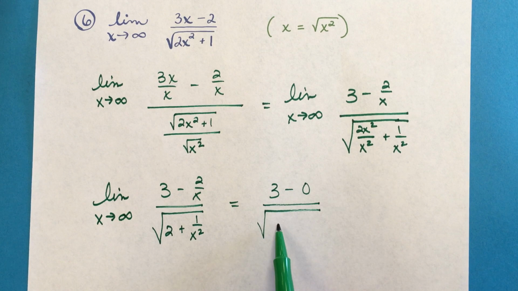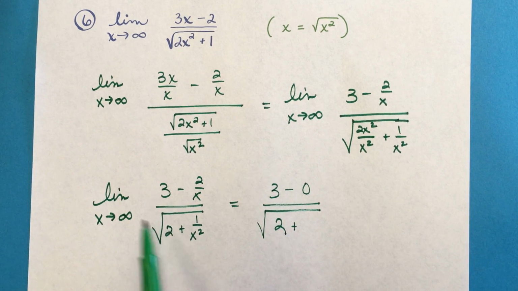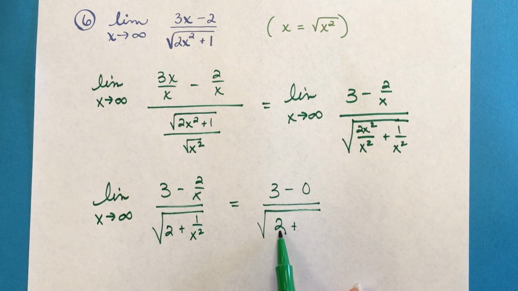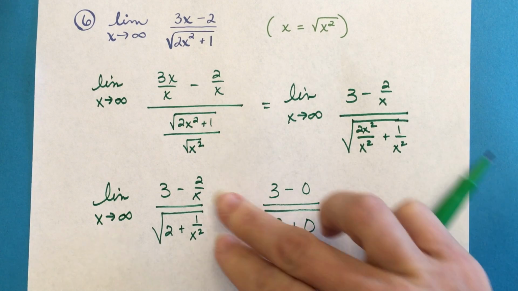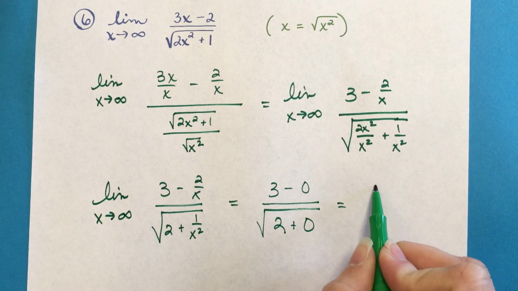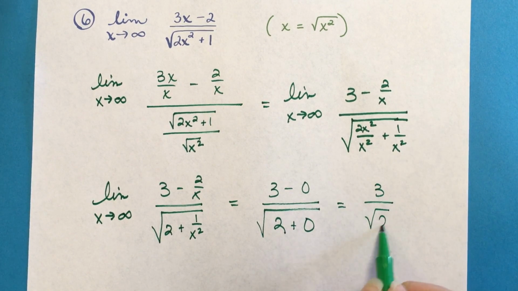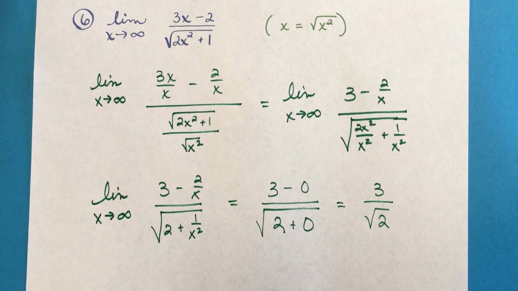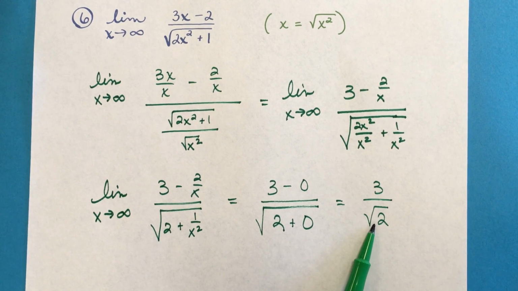So the limit of the 2 is going to be 2, I think I said 0 earlier. Then the limit as x approaches infinity of 1 over x squared is going to be 0. Both of these use that property that I showed you earlier. So I end up with positive 3 on the top and square root 2 on the bottom, which, of course, is the location of your horizontal asymptote.